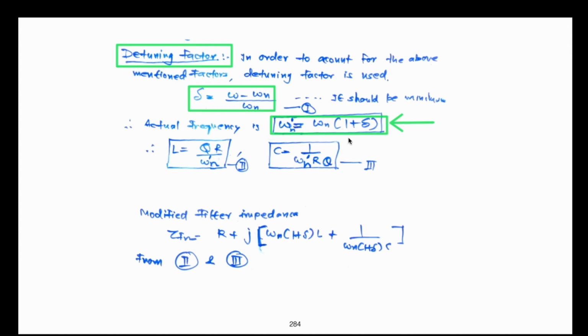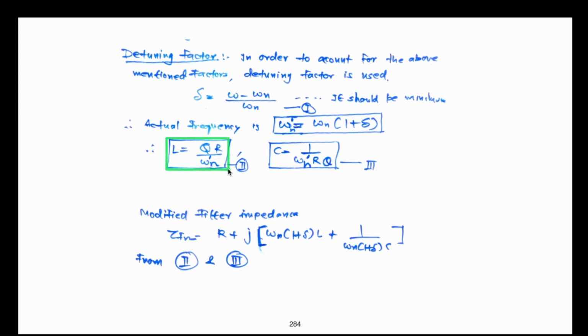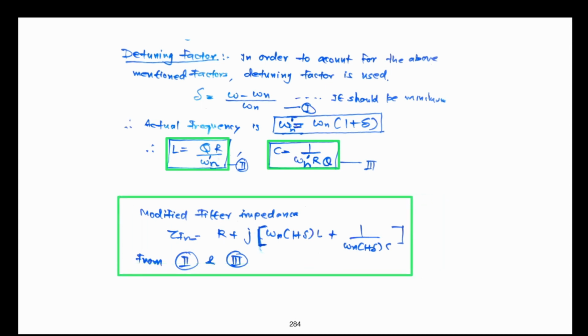But if it is not, we take into account the largest variation in order to minimize any error in the filter operation. Consequently, two new equations are obtained for the inductor and capacitor, where omega n is replaced by omega n dash. It varies with respect to the frequency, and as a consequence the modified filter impedance equation will change.